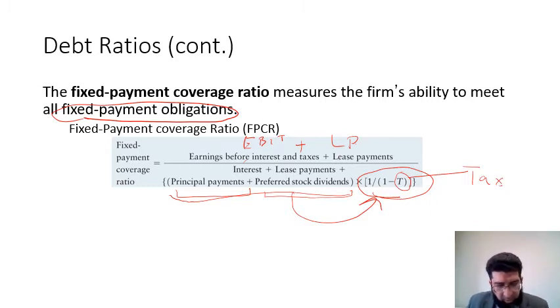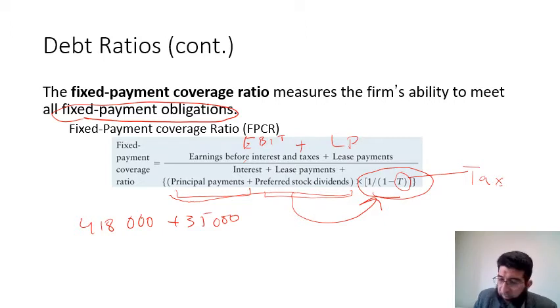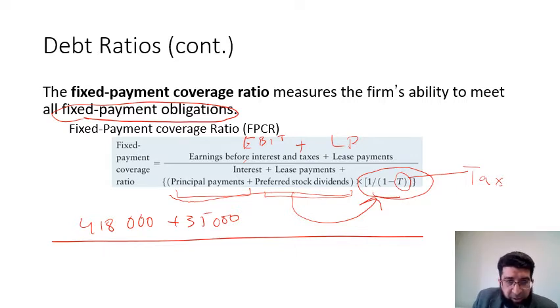Now in our case, this comes out to be 418 plus 35,000, and the lease payments are from income statement figures.